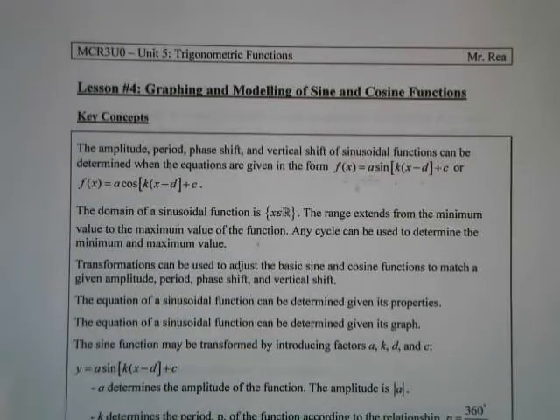Okay, and we can use these transformations to model if we want to make a sine curve have different properties, like change the period, change the amplitude, change the max and min values, change the phase shift.